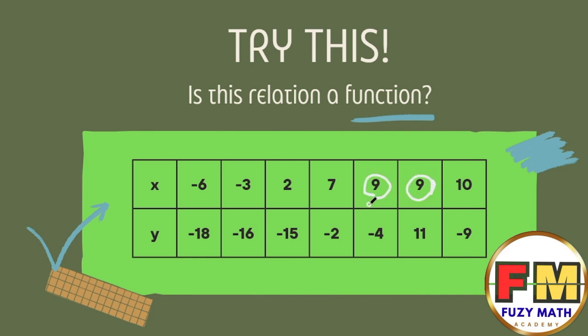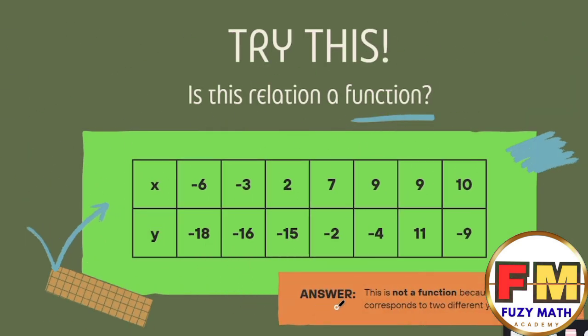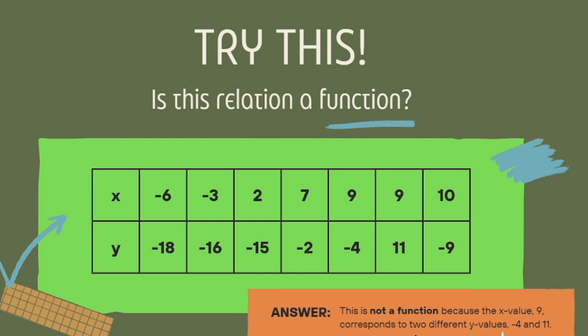Here, if value of x is 9, the value of y has two values, -4 and 11. Answer: this is not a function because the x value 9 corresponds to two different y values, -4 and 11.